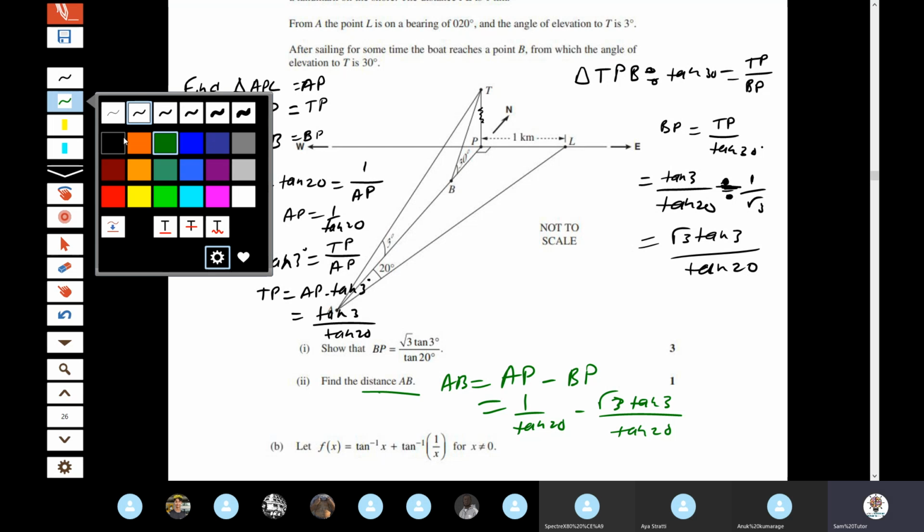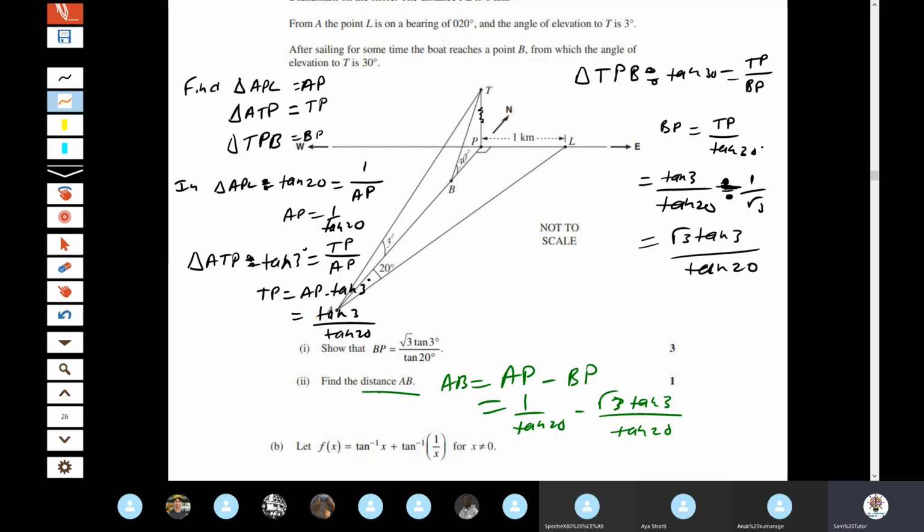Something you guys haven't learned yet, but in the HSC, at least you could get the mark. Because in the HSC, you start off at 4 out of 4, and then you lose marks.